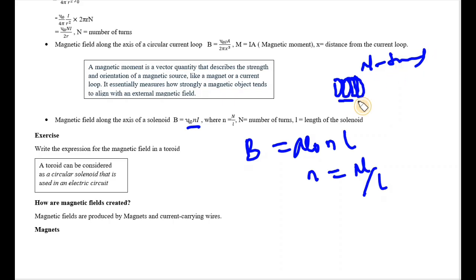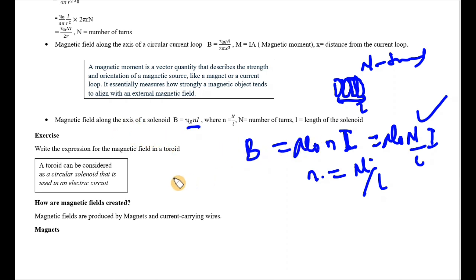So this is the length of the solenoid, and this n is given as the number of turns per unit length. So basically this is mu naught n I, or mu naught N I upon L. So this relation helps us to find the magnetic field along the axis of a solenoid.